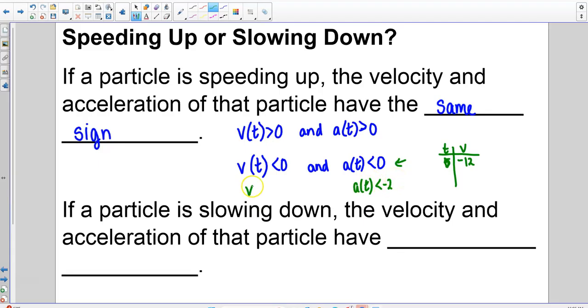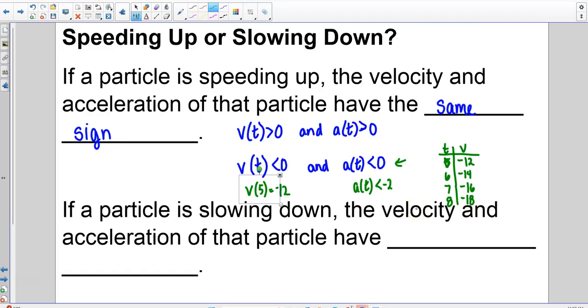This is just an example. So if my velocity is negative 12 and my acceleration is negative 2, now at 6 I'd have negative 14. At 7 I'd have negative 16. At 8 I'd have negative 18.